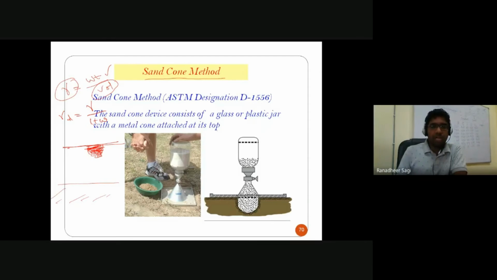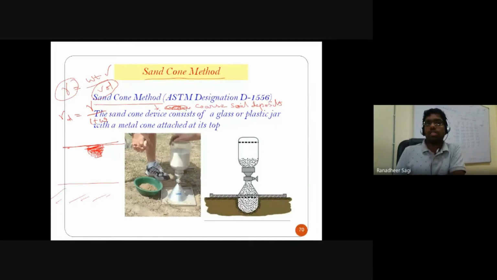Okay, so this sand cone method is very much suitable in the case of coarse grain soil deposits, whenever the soil in which I am trying to determine the field density is relatively coarse grain soil.